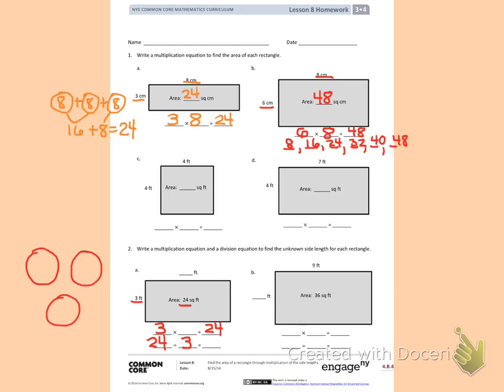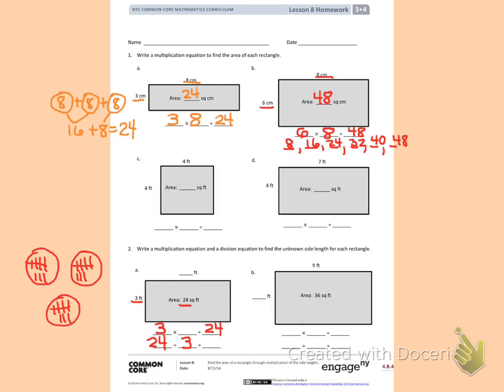Now, I'll take 24 items and divide them equally amongst those 3 groups. 1, 2, 3, 4, 5, 6, 7, 8, 9, 10, 11, 12, 13, 14, 15, 16, 17, 18, 19, 20, 21, 22, 23, 24.